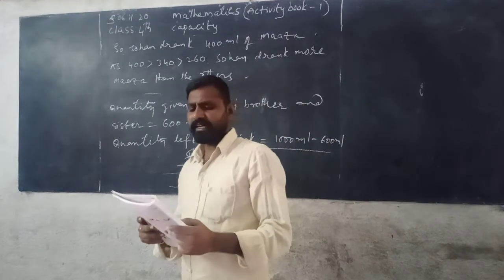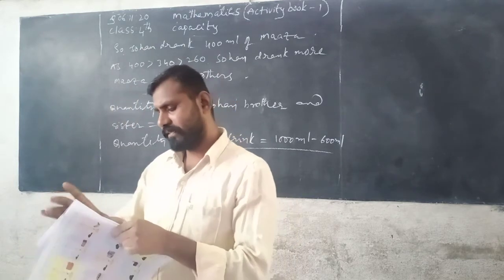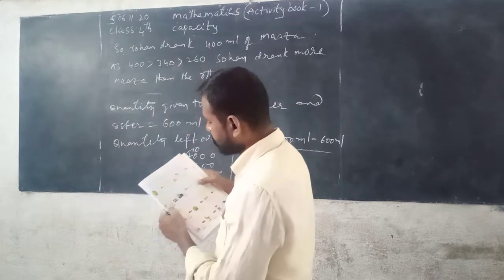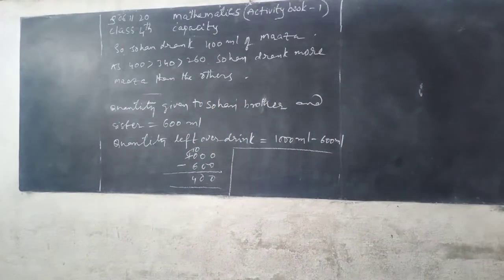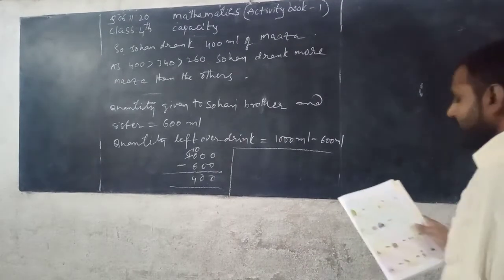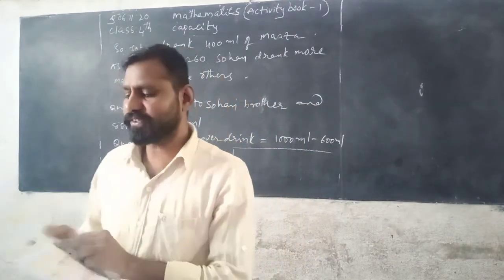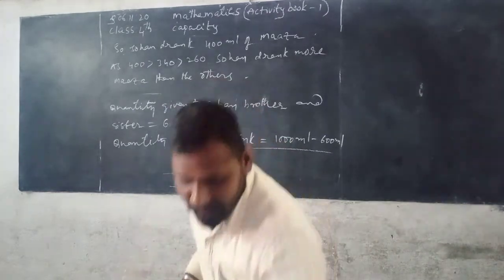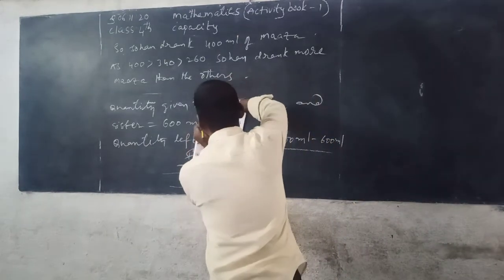See here, which is heavier? So first one is... now here, which is heavier? Page number 41 from your activity book. So weighing here, jackfruit and coconut. Jackfruit is more weight than coconut, so you can take it like this only.